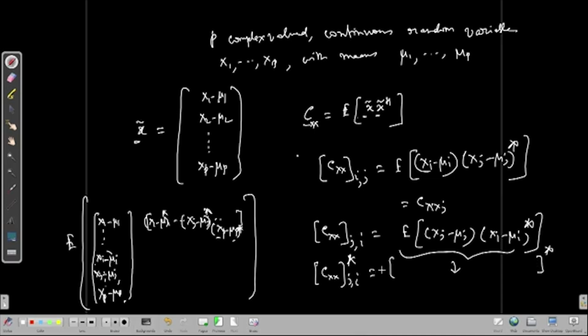But we have already seen earlier in the case of complex random variables, E of some function of the complex variables, then star outside is the same as E of the function conjugated. Like Ez, if z is a vector of complex random variables, f of z. Okay, and then if you put star, f of z conjugated, then Ez of it is the same as the original Ez f of z and then star.